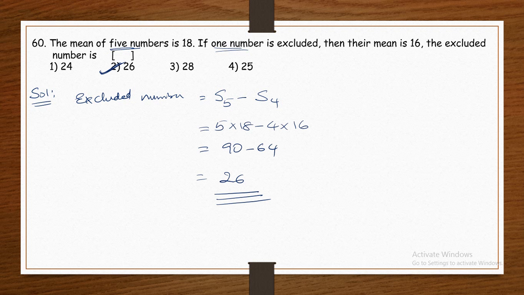When the included number is to be found, you simply take the sum of the second one minus the sum of the first one. When finding the excluded one, it is the sum of the first one minus the sum of the second one. So we can make use of this formula to find that particular excluded or included number, right?